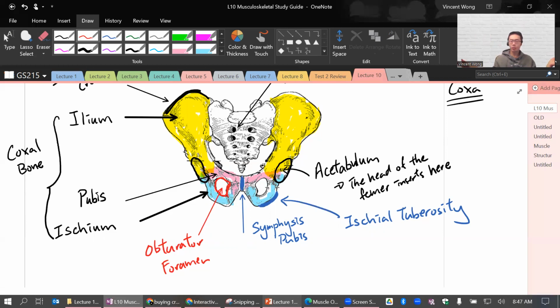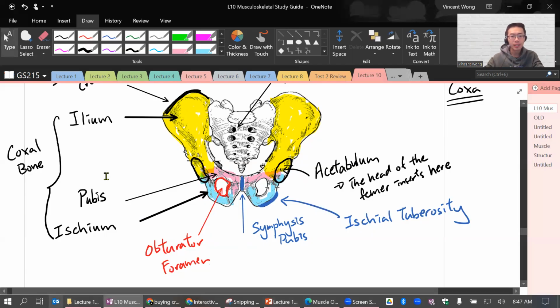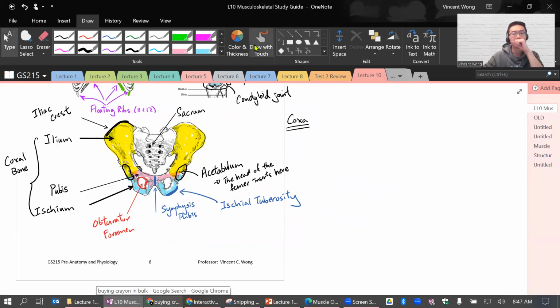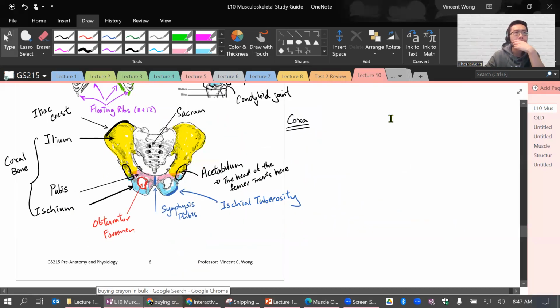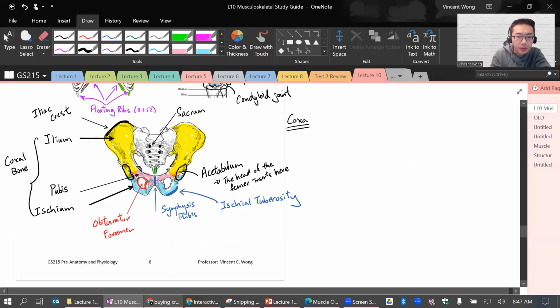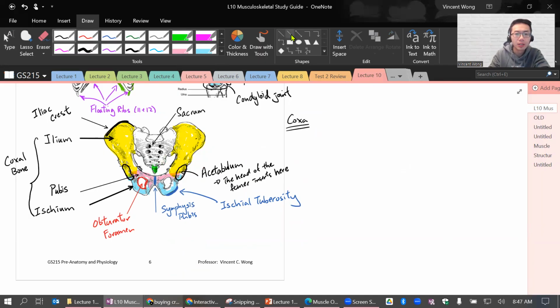Does anybody have any questions so far about the pelvic girdle? Can you zoom out, sir? Sure. I guess there's one more thing we can label. A little tiny bit here. What are those?